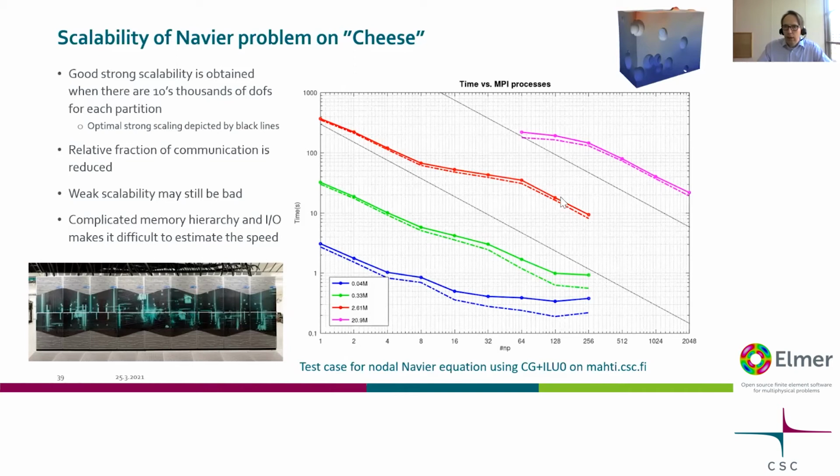So it's not easy to predict what the final outcome will be, but you can see that at stages we follow this ideal strong scaling. This means that if you double the number of cores, then the time should be diminished to half. So this is the ideal, and at times we follow that, but like here, when the number of partitions grows too large, then the relative fraction of communication increases and you cannot maintain that.